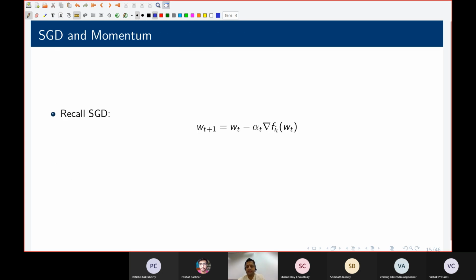Okay, so let's start with SGD and momentum. Simple integration of momentum into stochastic gradient descent. So this is SGD. Can you propose how you would incorporate momentum here? What would you do? W t plus 1 is w t, and then what else?